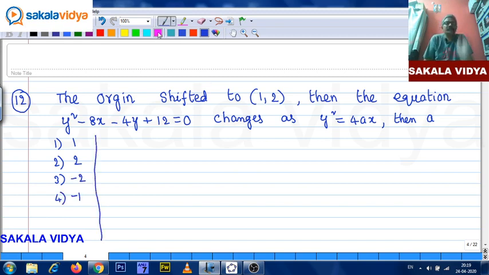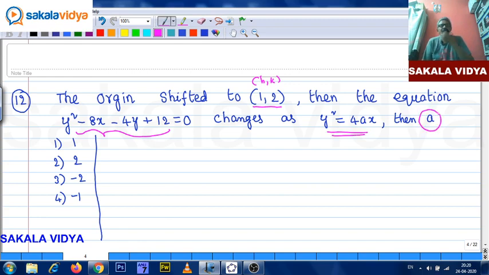Now the origin is shifted to 1 comma 2, that means this is the origin h comma k. Then this equation is changed to y square is equal to 4ax form, then we need to find out the a value. First let us write this as y square minus 4y equals 8x minus 12. This is not a perfect square.